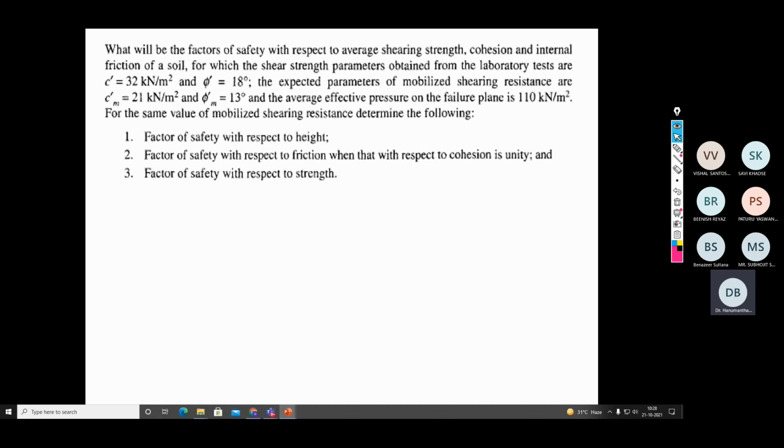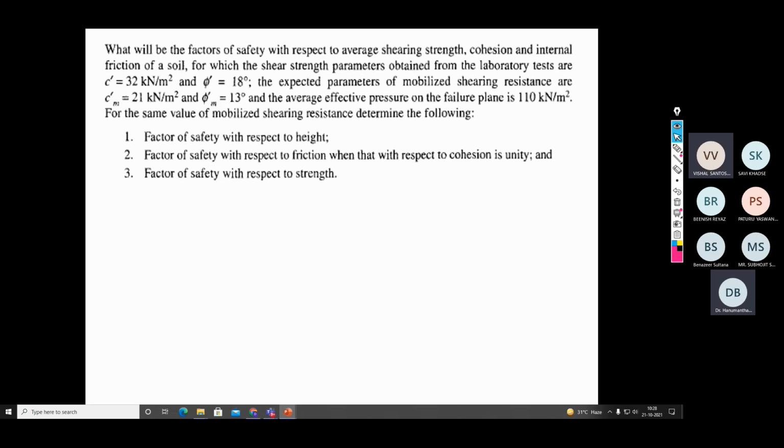You have been given C dash, phi dash, C dash m and phi dash m. So the calculation of Fs, Fc and F-phi is straightforward. Can anybody tell me the factor of safety with respect to the strength?